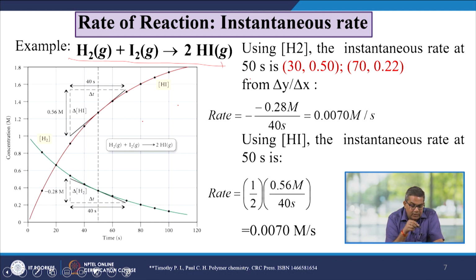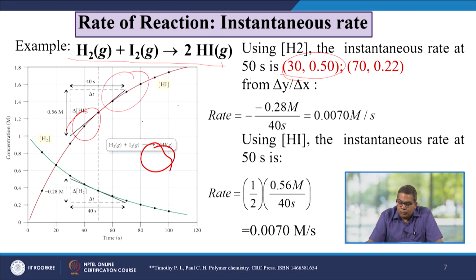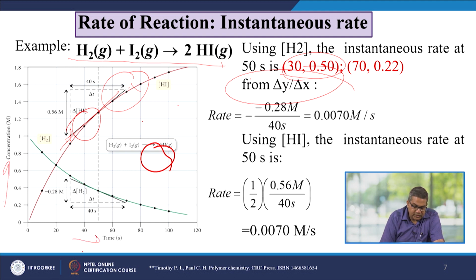If we plot the concentration versus time here, the coordinates are given by, say, 30 and 0.5, and 17 and 0.2. To determine the rate, we need to take the slope, that is, the rate is equal to delta y over delta x, where this is the concentration versus time.